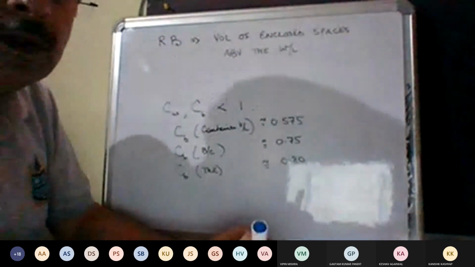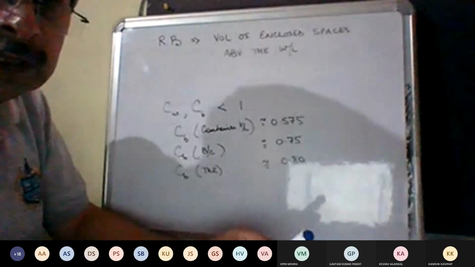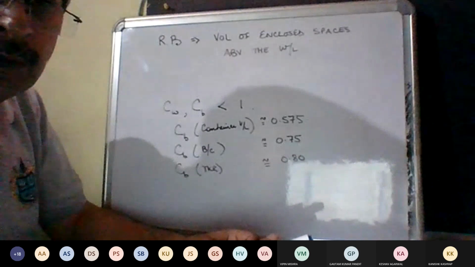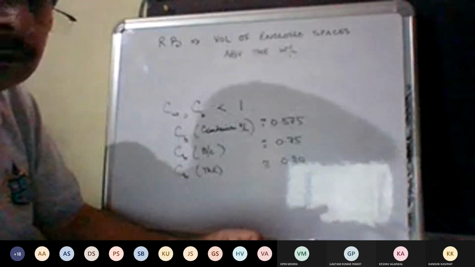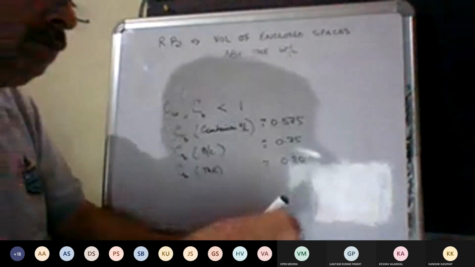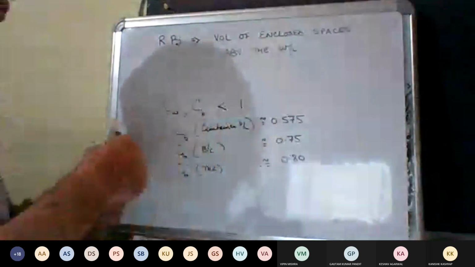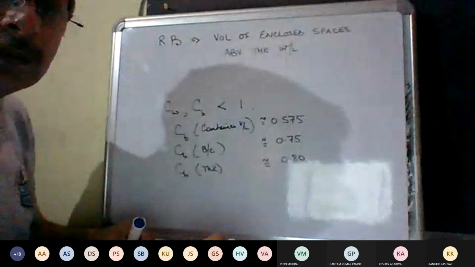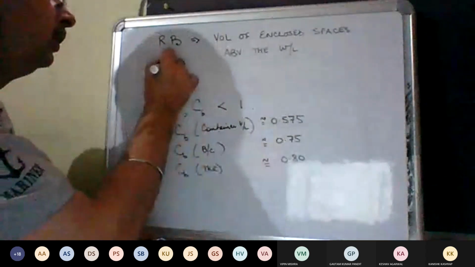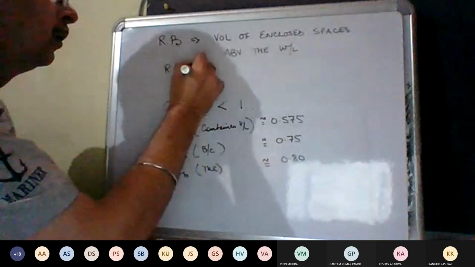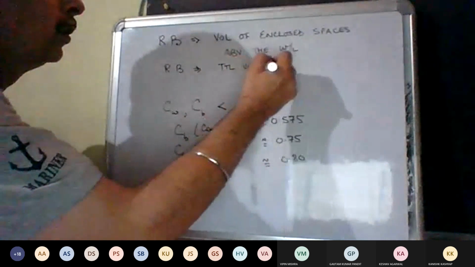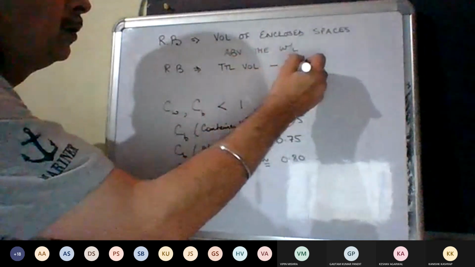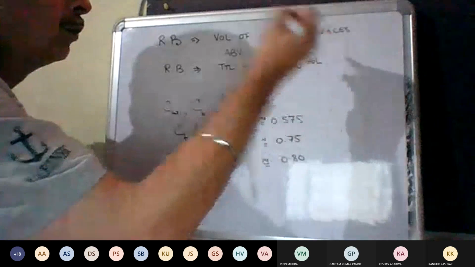Reserve buoyancy is the volume of enclosed spaces above the waterline. So therefore, reserve buoyancy is total volume minus underwater volume.